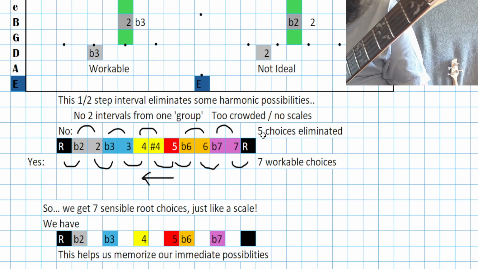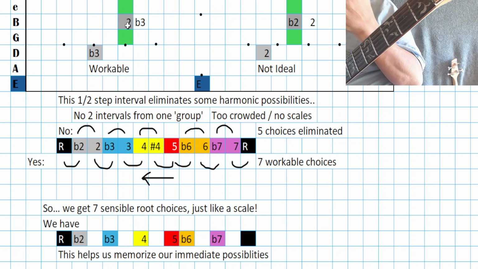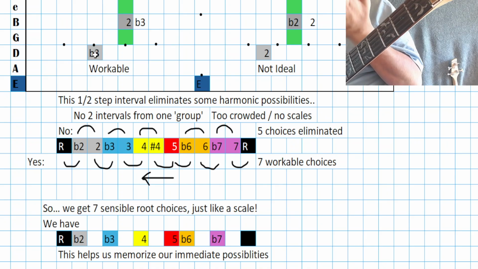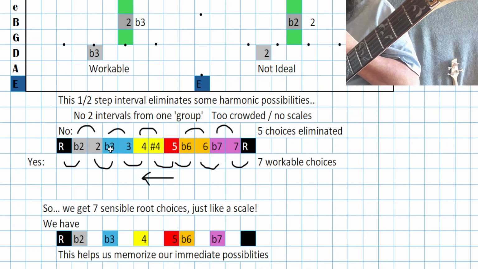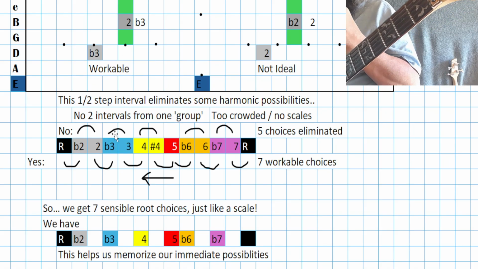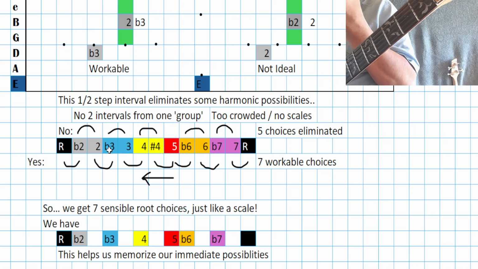It just starts getting really cool. And by the way, I put the arrow going this way, but we already kind of talked about that. This is going this way. So if I have, for example, here's my root, a flat third. So if I have a flat third, I'm going backwards. My second interval here is going to be a 2. So what I'm trying to tell you here is this is where you could draw your choices from.